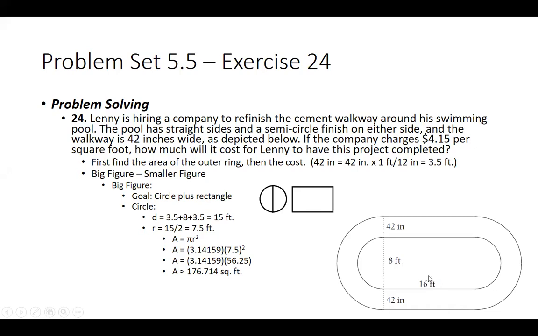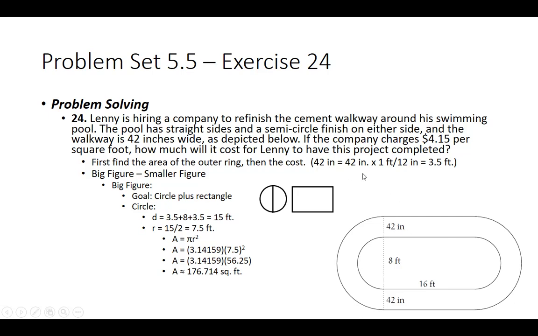Notice 2 of our measurements are given in feet, but the other 2 are given in inches. We should convert one to the other, and in the interest of not having a huge number for 16 feet converted to inches, we're going to go ahead and convert 42 inches to feet.